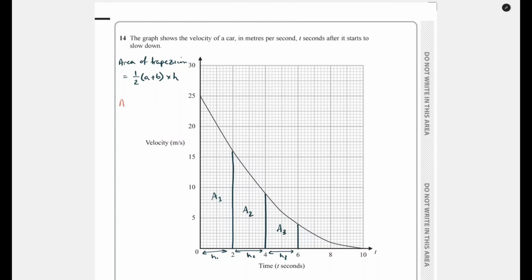So if we work out area 1, it's half multiplied by H, which is 2, multiplied by A plus B, which are just the sides of the length, which is 25 plus 16. If you plug that into our calculator, that becomes 41.